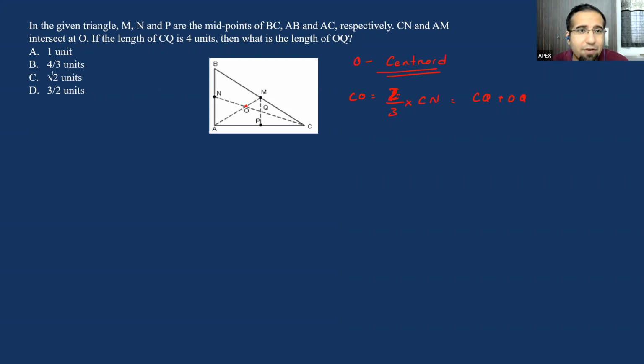Now the next part in the whole question: we want the value of OQ here, not a problem at all. The length of CQ is given to us as 4 units. So we have to use the length of CQ somewhere. Okay, so one way that I can see here is CN is something. Okay, let's see.